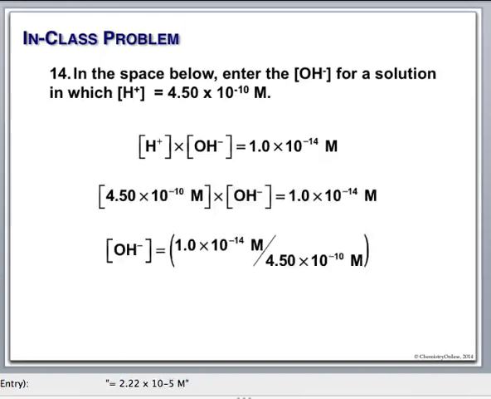When we do this calculation, hydroxide is 2.22 times 10 to the minus 5. The basic thing you have to remember is hydronium times hydroxide is 10 to the minus 14. That's always true.